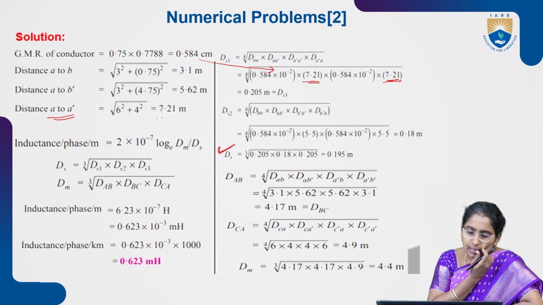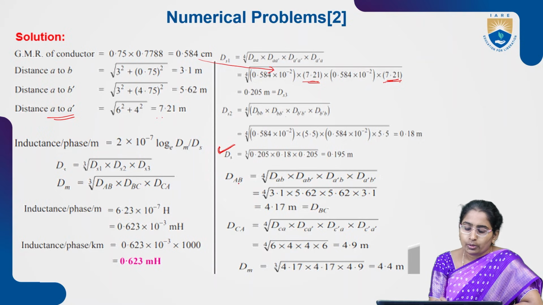Next, calculating Dm. What is Dm? The cube root of DAB multiplied with DBC and DCA.